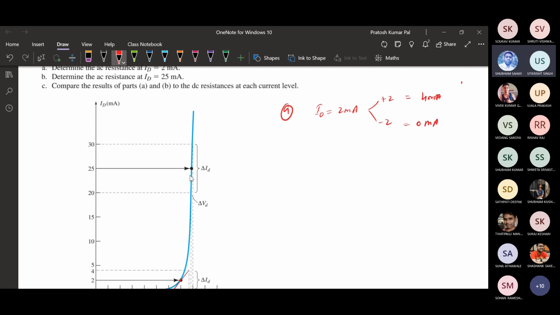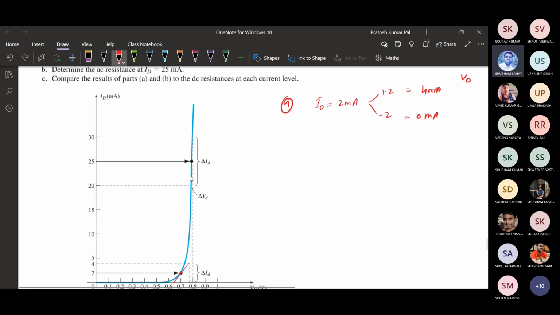So at this 4 milliampere, what is the value of VD? And at this 0 milliampere, what is the value of VD? We need to find that.